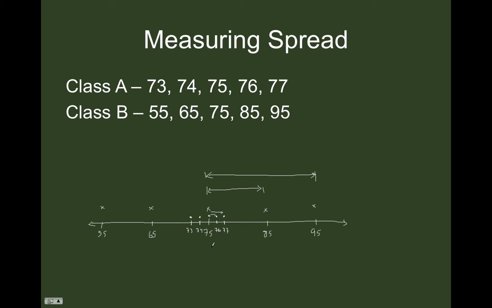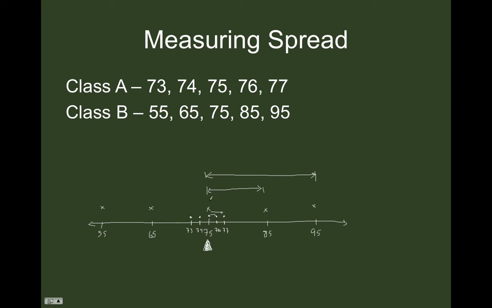Same measure of center. One way to think about the average or the mean is that it's the center of mass, and we could almost think about 75 as being the fulcrum. Both of those data sets would balance on the same balance point at 75.